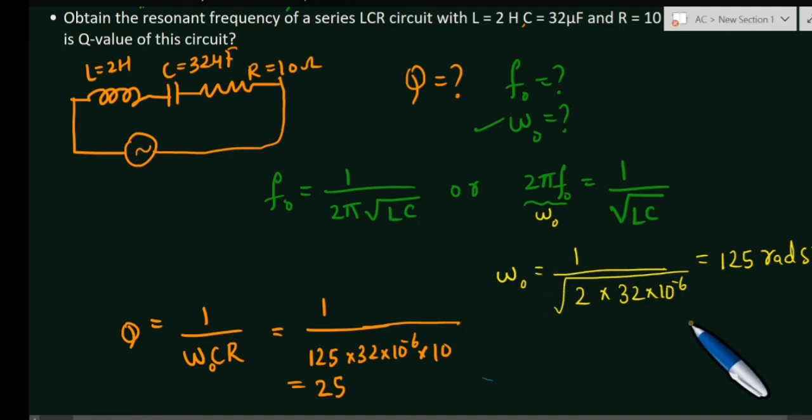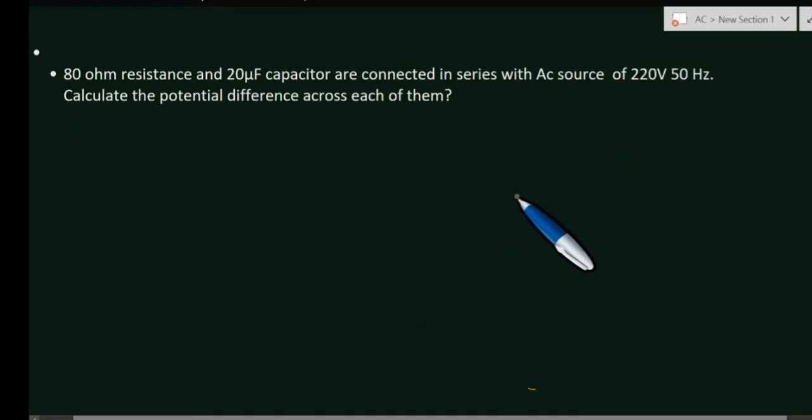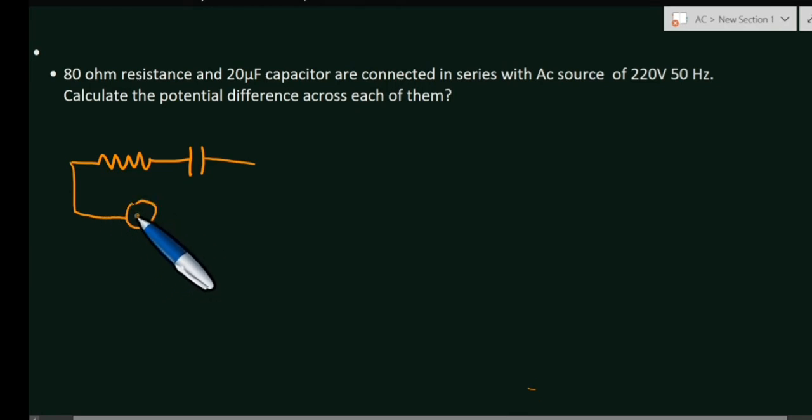Okay, next question. An 80 ohm resistance and 20 microfarad capacitor are connected in series with AC source. So there is a resistor and there is a capacitor, and both are connected to an AC source of 220 volt and 50 Hertz.